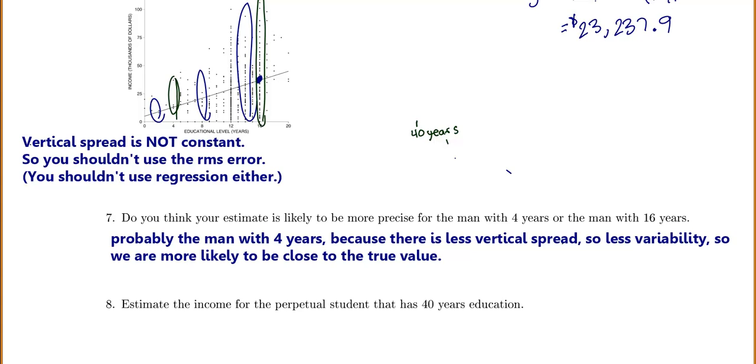So yes, I can predict it. I can say, so income equals 2,000 times 40 plus our intercept of 5,000. And this gives me $85,000.